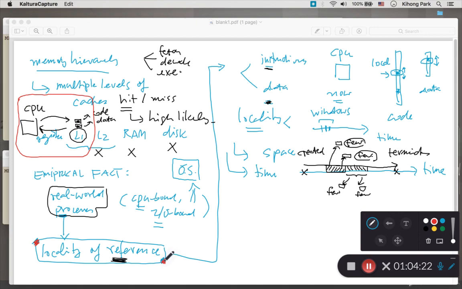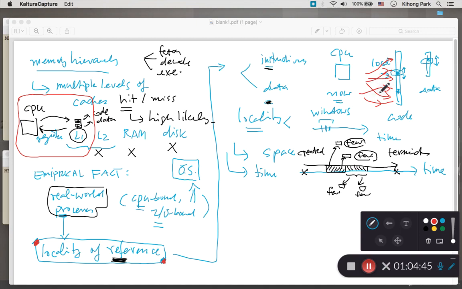If we were to live in a world where this is not a property that programs obey, then having L1 cache and L2 cache is just not going to be useful. Why have these tiny bits of fast memory when you are jumping all over the place for your instructions. It's random.